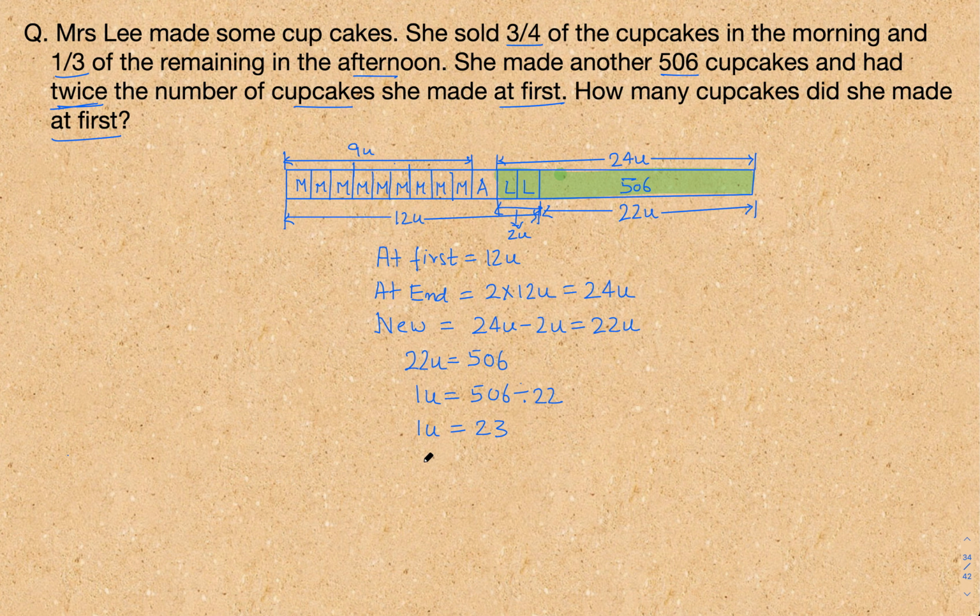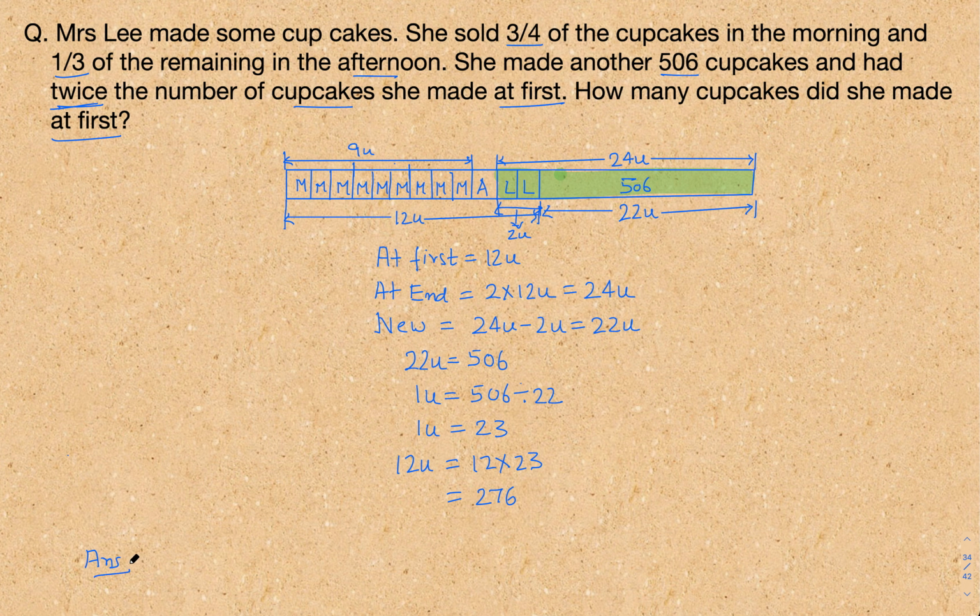So let's find out how much 12 units will be. It will be 12 times 23, because 1 unit is 23, so 12 units will be 12 times 23, which will give you 276. Now let's write quickly our final answer.